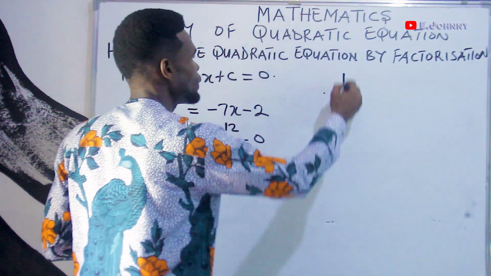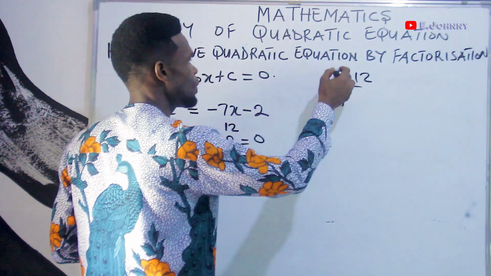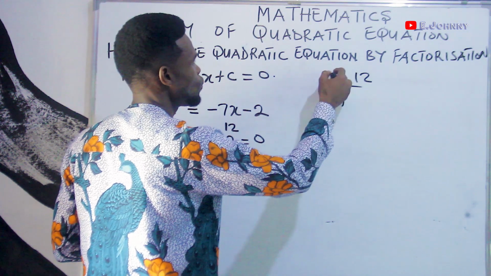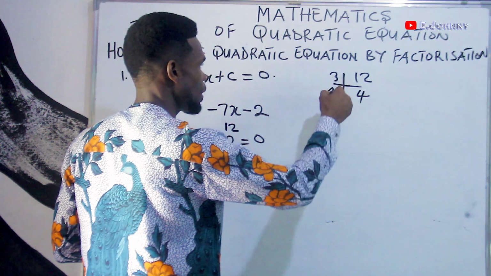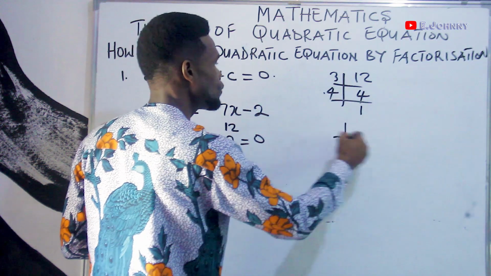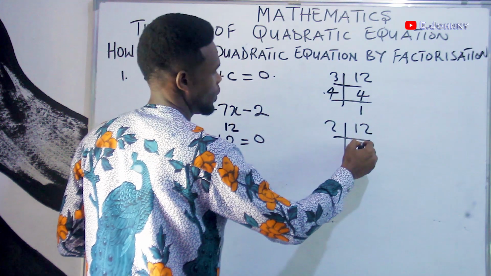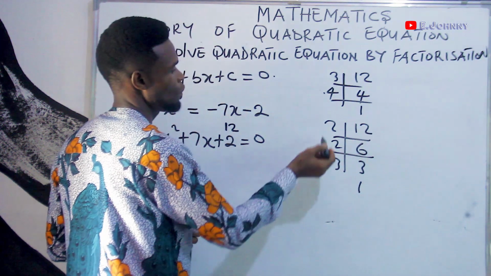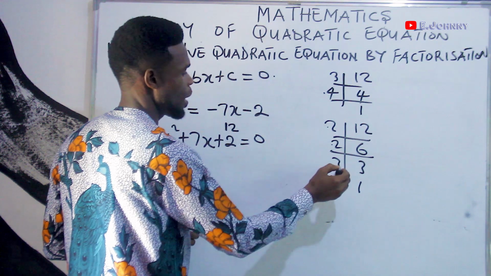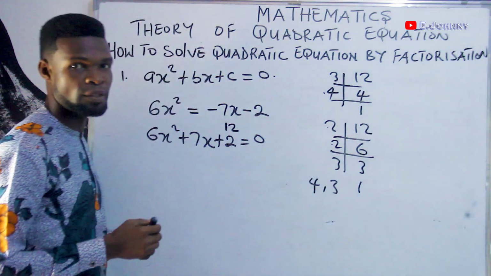So you will agree with me that the factors of 12 are, 3 times 4, and then 12 times 1. Or even if you want to go this way, 2 here, 6, 2 here, 3, 3 here, 1. So if you multiply 2 times 2, 4, and then 3, is still the same thing.